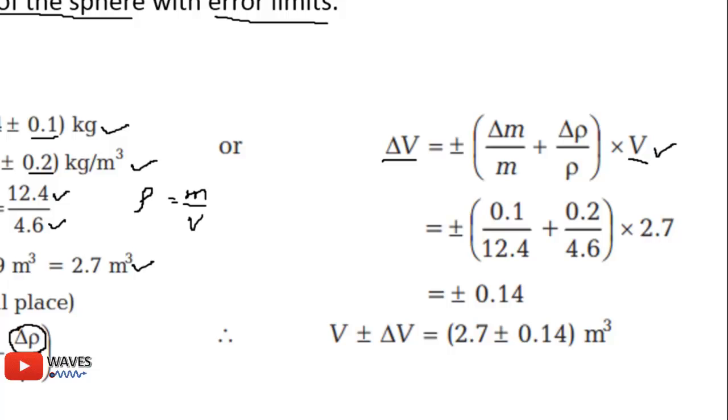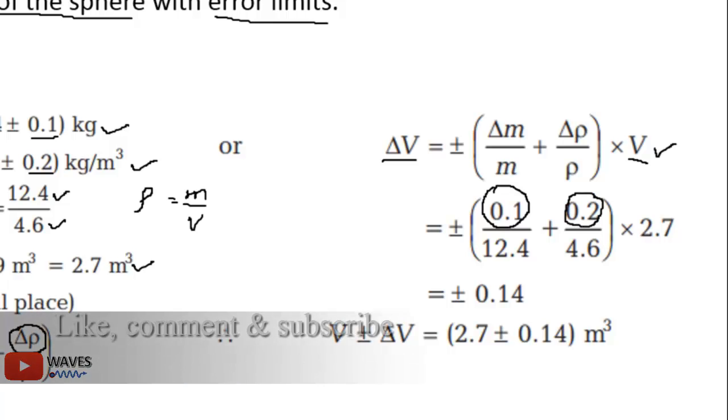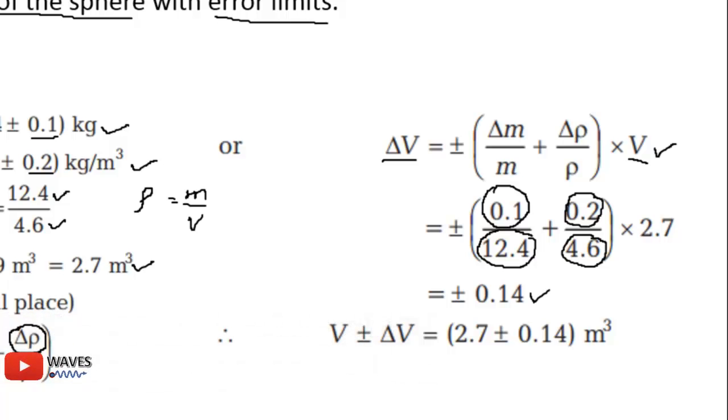And now it becomes very simple, because I know that the error in mass is 0.1 and the error in density is 0.2, and the total mass is 12.4 and the total density is 4.6, and if I do the calculation, I get the error as plus minus 0.14. Hence the final volume would be 2.7, which was easy to calculate, plus minus the error.